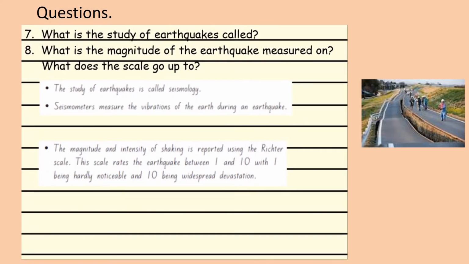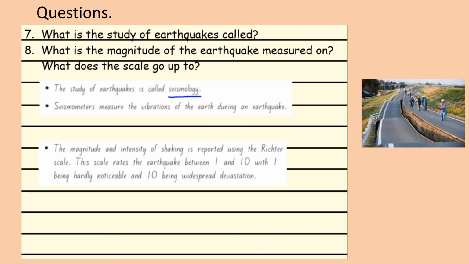So the study of earthquakes is called seismology, okay? And seismometers measure the vibrations of the earth during the earthquake. It's like a little needle on a piece of paper that feels the earthquake and draws a line to show how strong that earthquake is going to be.